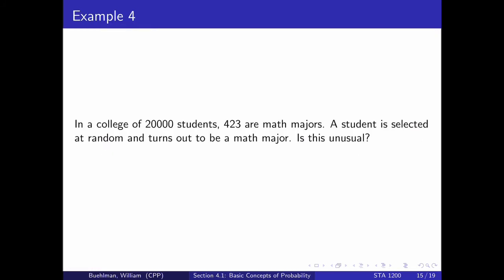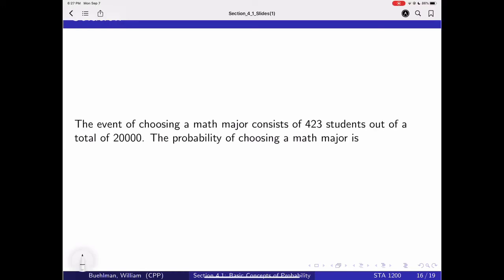Here's example 4. In a college of 20,000 students, 423 are math majors. A student is selected at random and turns out to be a math major. Is this an unusual event? The event of choosing a math major consists of 423 students out of the 20,000.